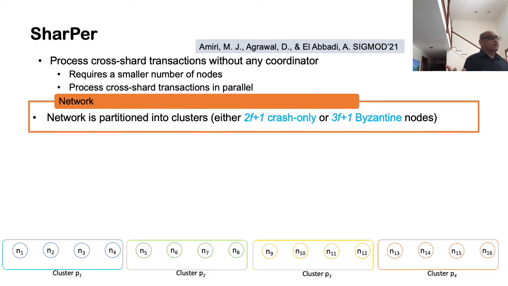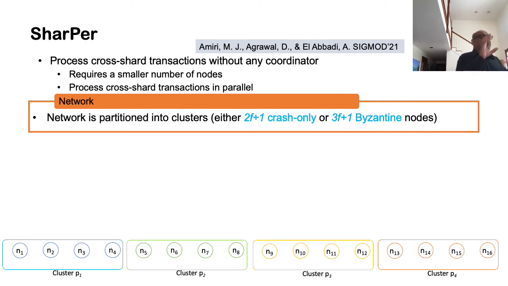You shard the blockchain into multiple pieces, and similarly you partition the network into smaller groups. You want to partition the network into smaller groups because you want to limit the overhead associated with the consensus that has to be achieved among all the network nodes.